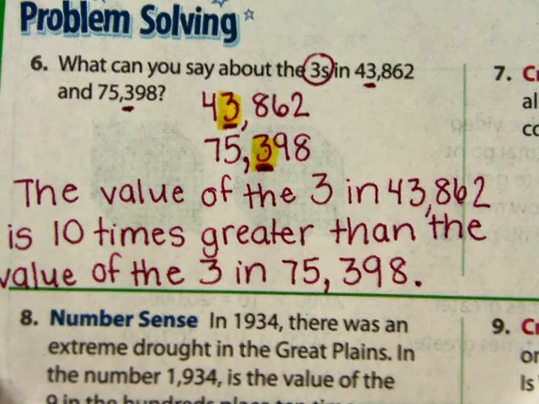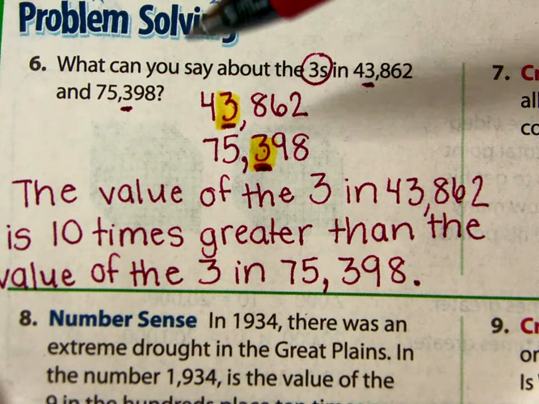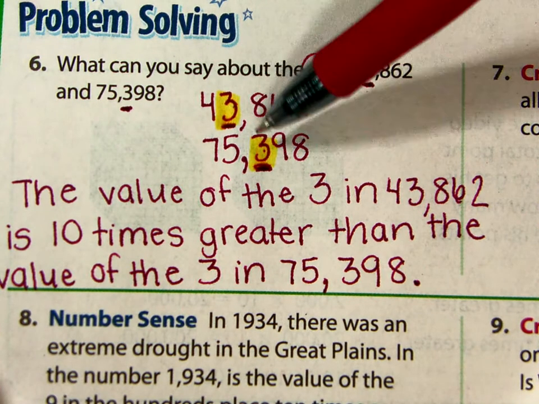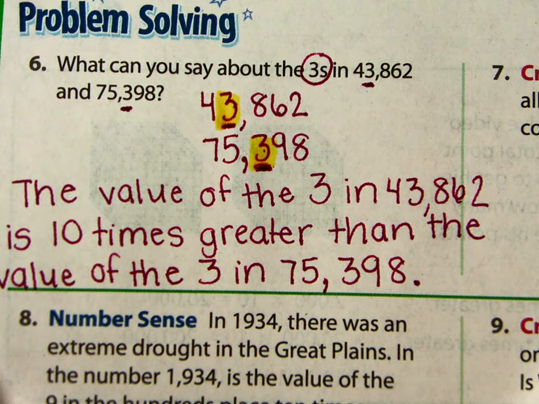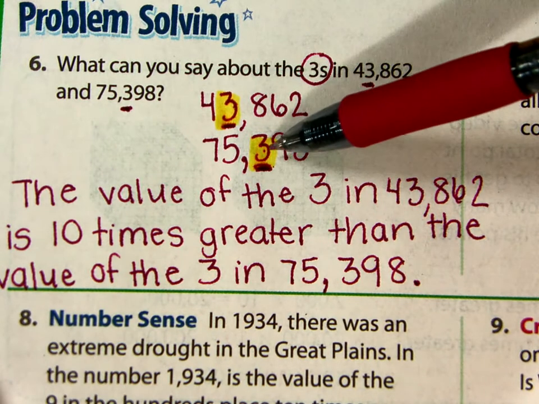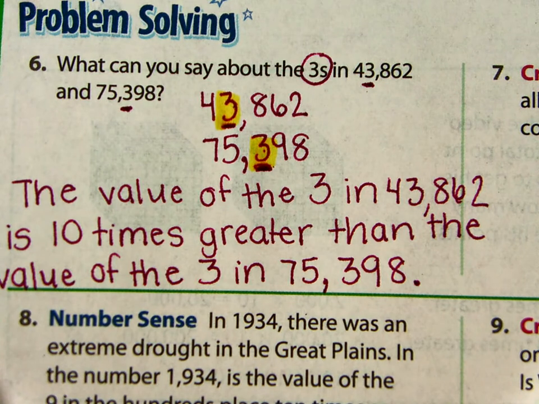So just to review from the video, we're able to do that because we have the same number, the 3, and then in this number, the 3 that's in the hundreds place. We know that when we move one place value to the left, we are increasing. It's 10 times greater.